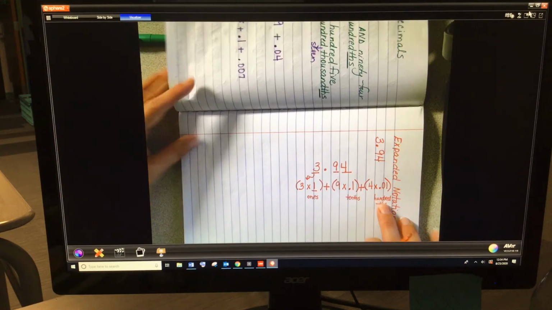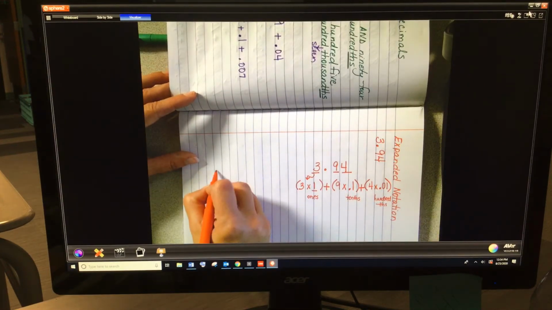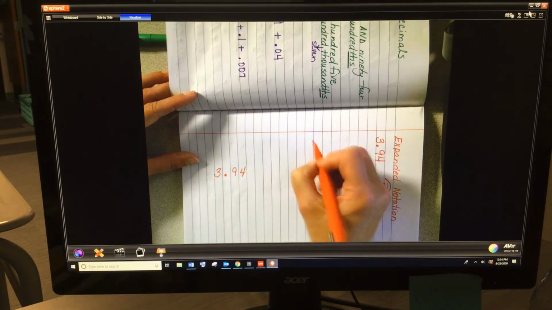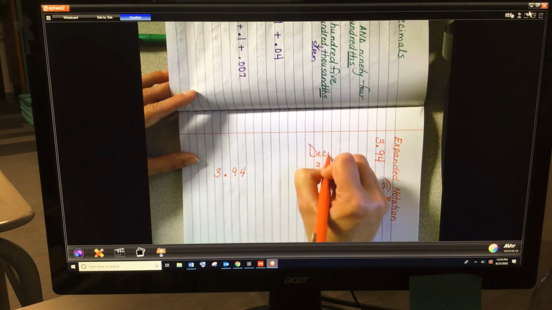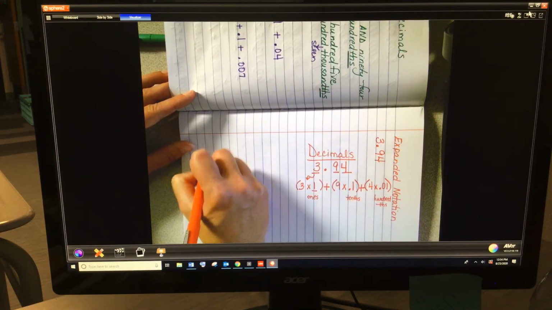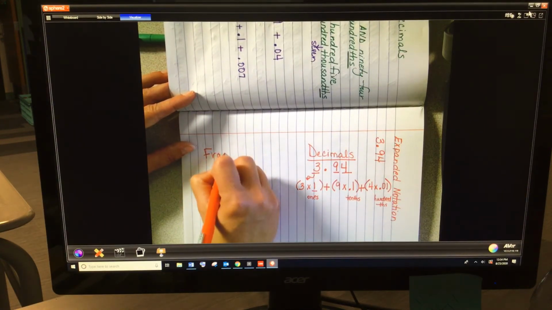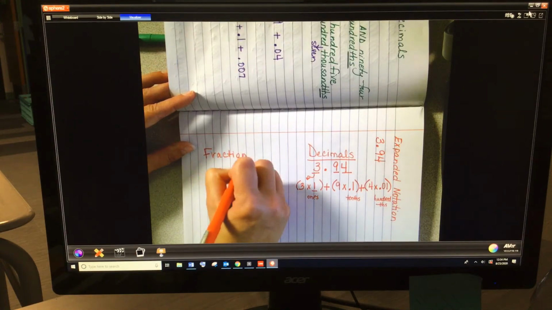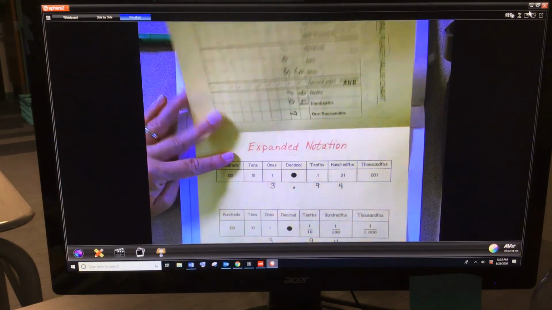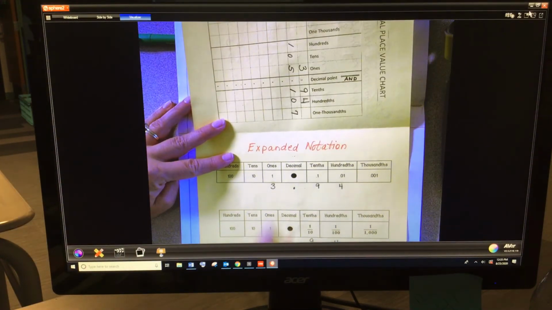Okay, now let's look at expanded notation with fractions. So this is where we're going to use fractions in our expanded notation. All right, so let's go back to that yellow paper. We still have 3 wholes.